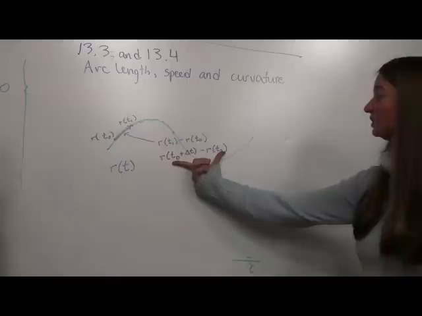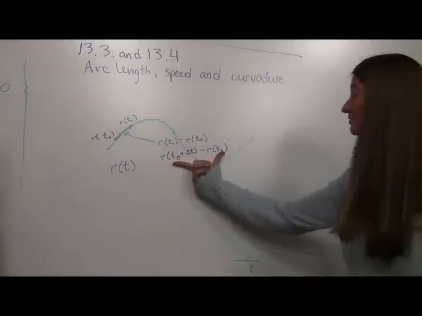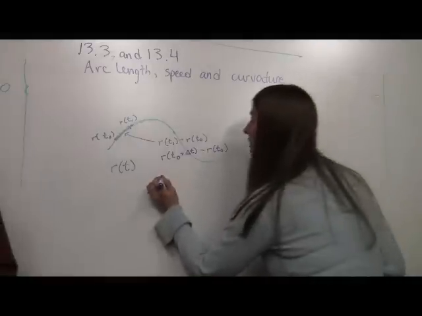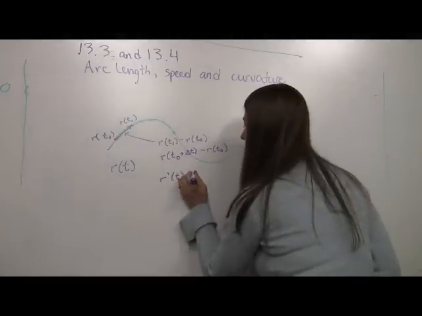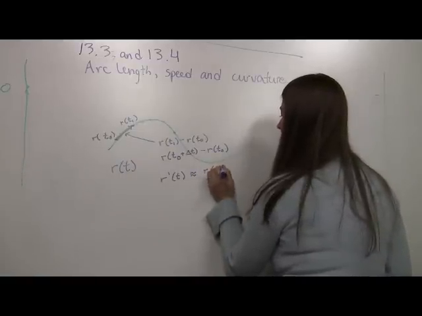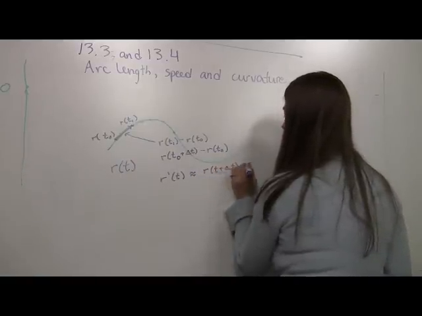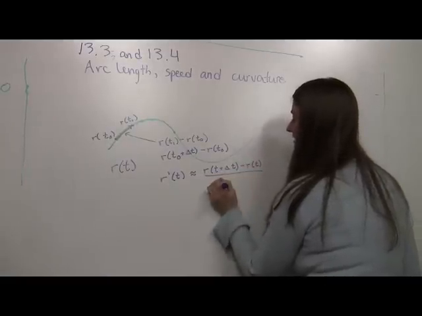This piece looks familiar, we've seen it when we were calculating derivatives. In fact, we can approximate our derivative, r prime of t, as approximately equal to r of t plus delta t minus r of t, all divided by delta t.